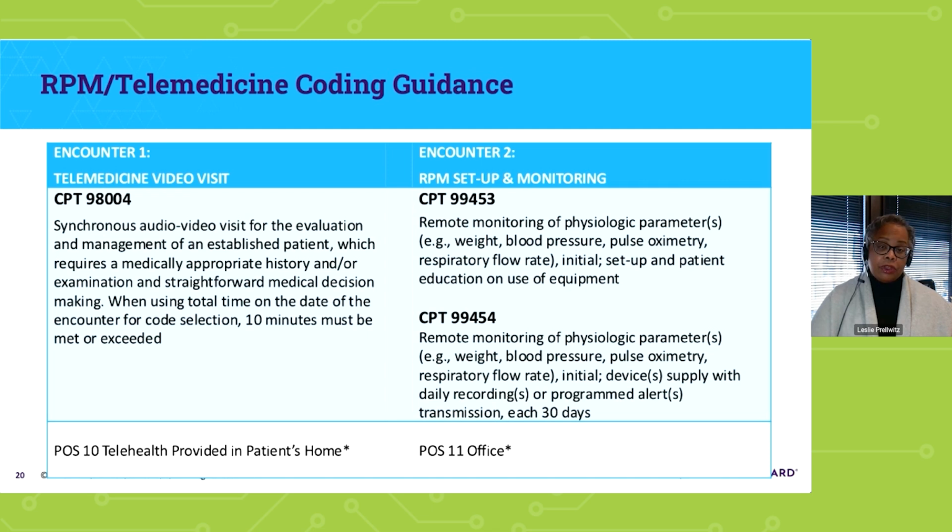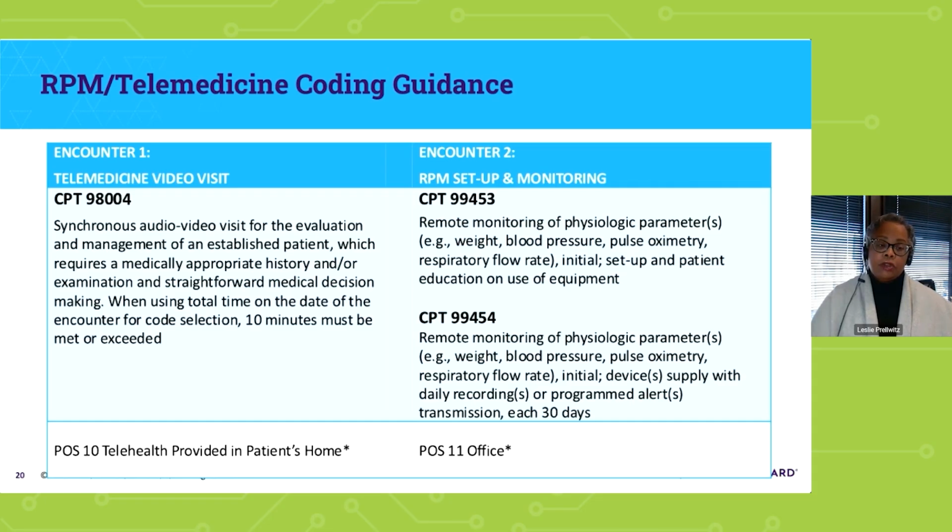The second code that you would begin to use, on a more timely basis as the patient begins to use the devices and information starts to come back, is code 99454. This is another RPM code. This one is designed for device supply with daily recording or programmed alert transmission.